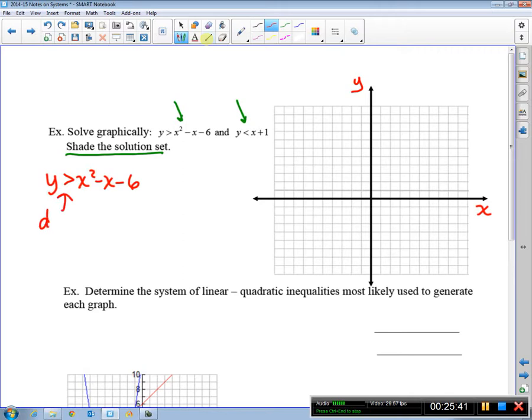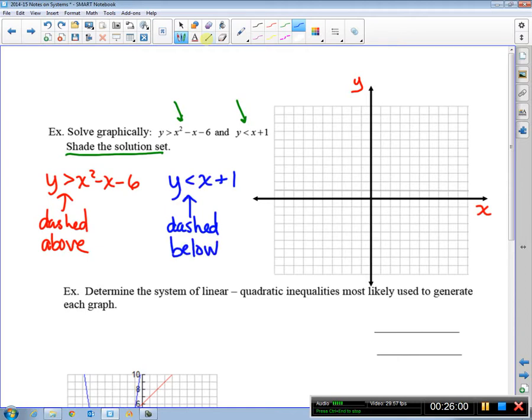So dashed line, and we should be shading above the parabola. And then we have y is less than x plus 1. Dashed line, and that really is a line. And we should be shading below that line.